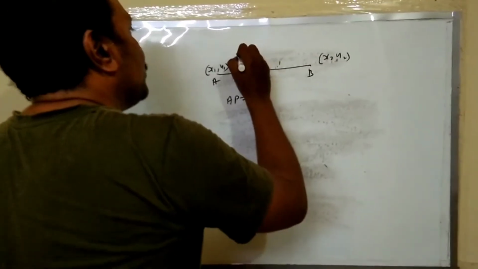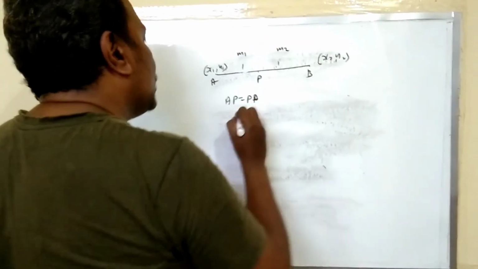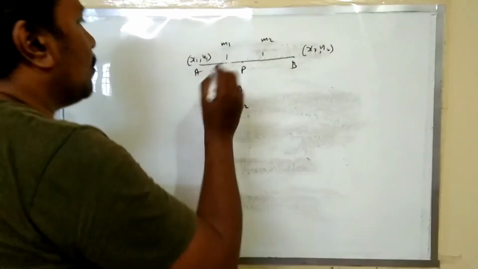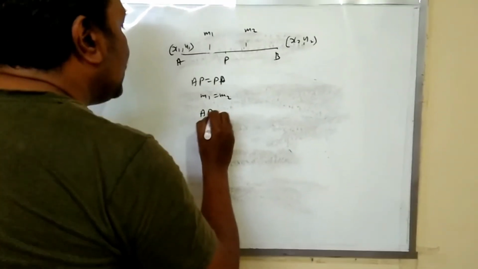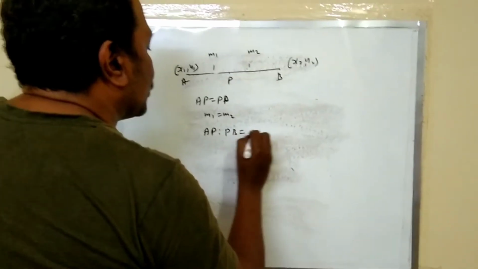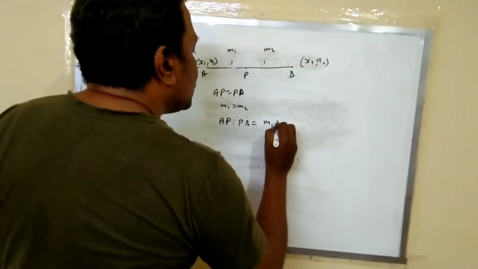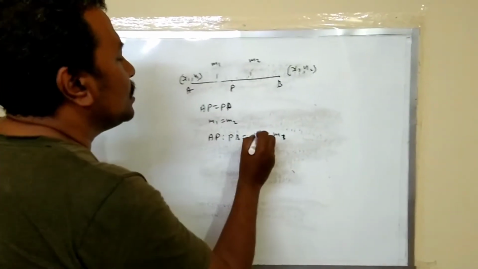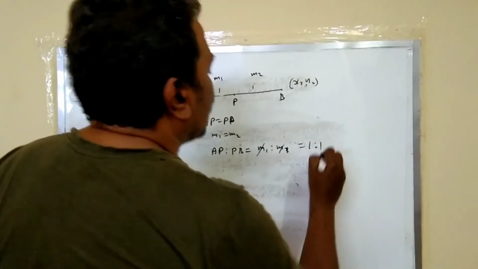Here, m1 is equal to m2, so AP:PB is m1:m1, which is 1:1.